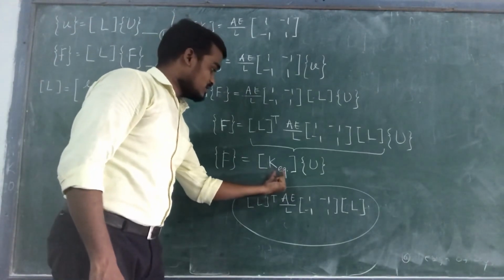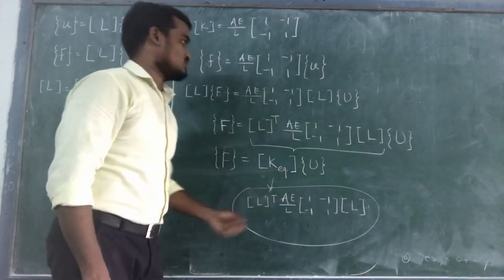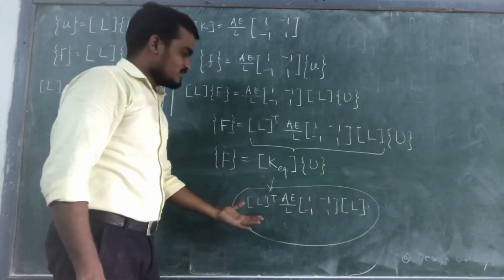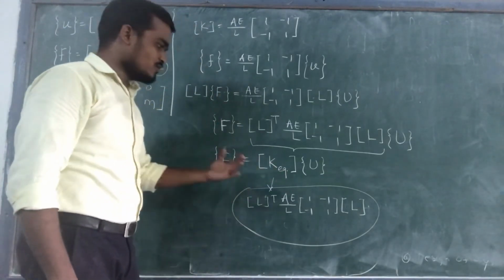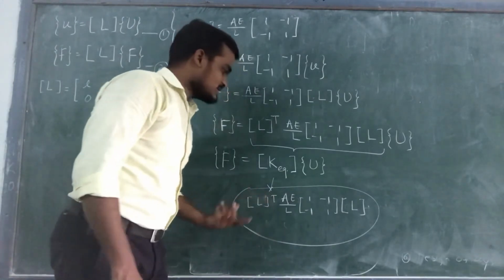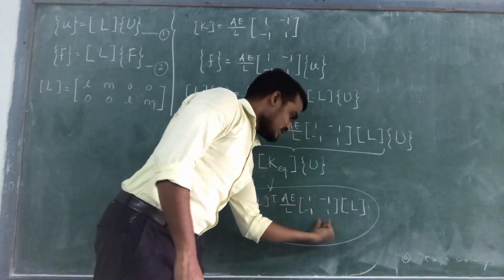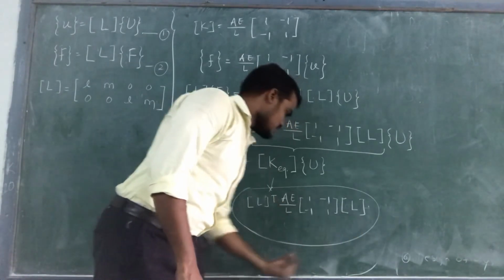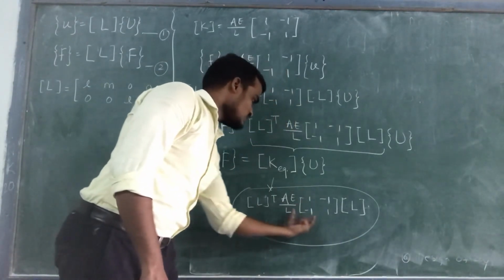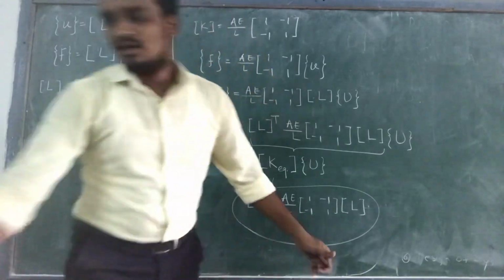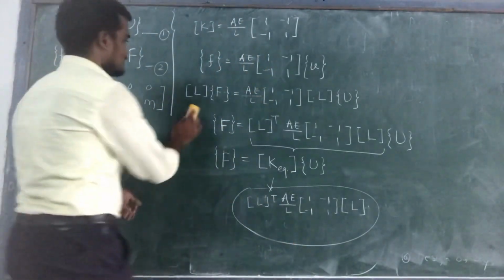In this way you will get the global stiffness matrix. So our target is to find the global stiffness matrix. First we will multiply this matrix into this matrix, then this product with this one.